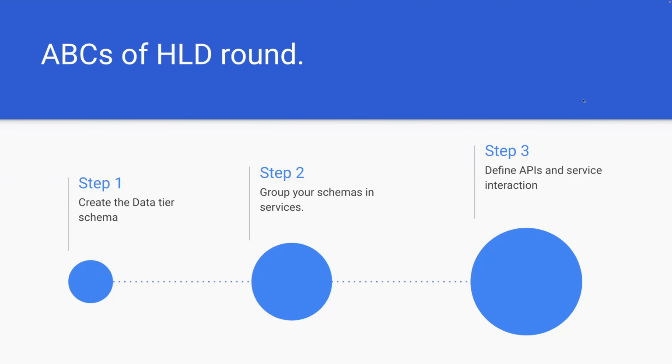So let's say our high level design round is 60 minutes, and you're given a task to create an e-commerce system, something like Amazon. How I would proceed with this problem is that first I will try to understand what data is going to be used.